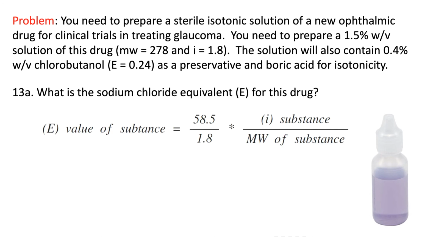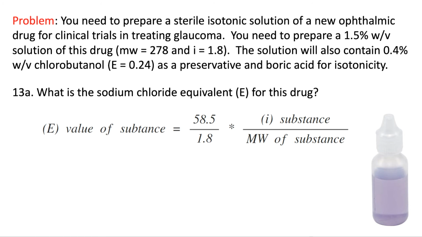We were given the formula before that the E value of a substance is equal to the molecular weight of sodium chloride, which is 58.5, divided by its I value, which is 1.8, times the I value of your substance divided by the molecular weight of your substance.